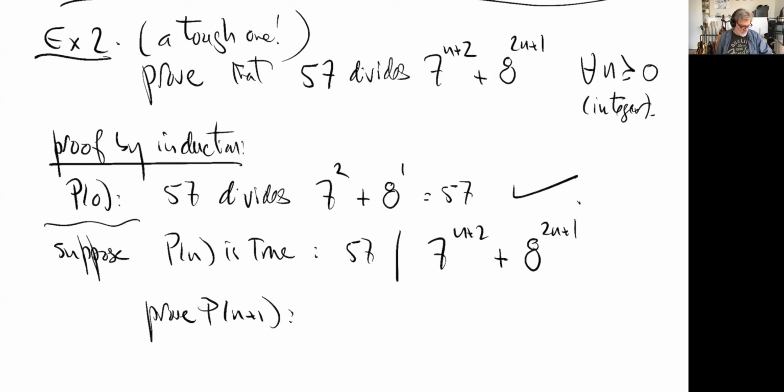What is that? 57 should divide 7 to the n plus 3, plus, and be careful with that, 8 to the 2 times n plus 1 plus 1. So it's not 2n plus 2, but it's 2n plus 3, right? Be very careful with that.